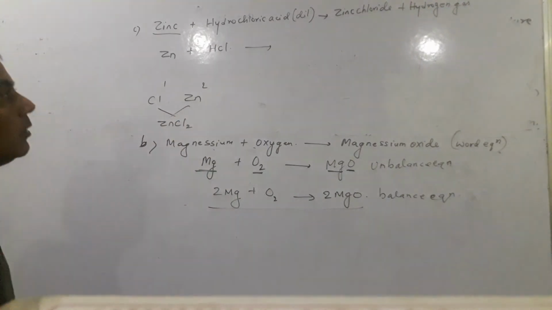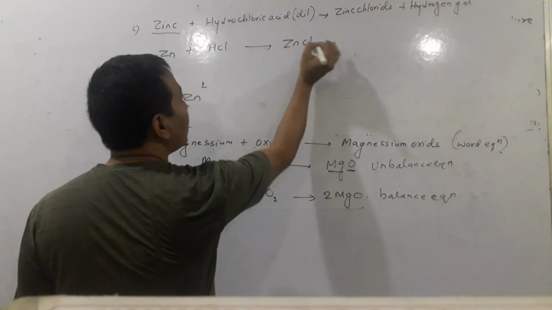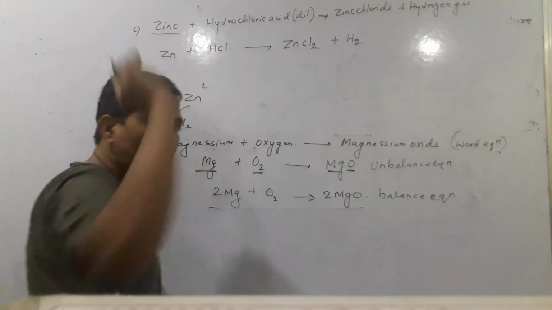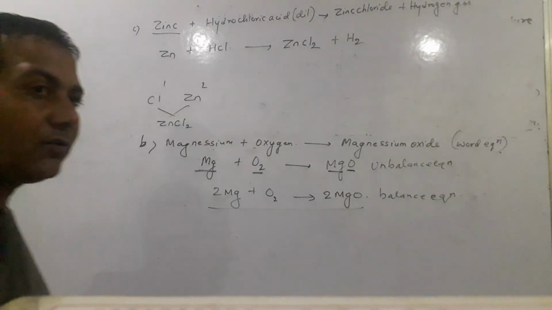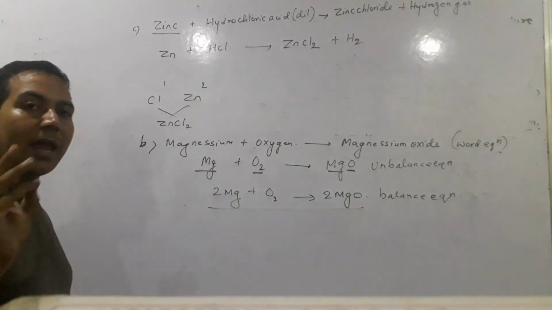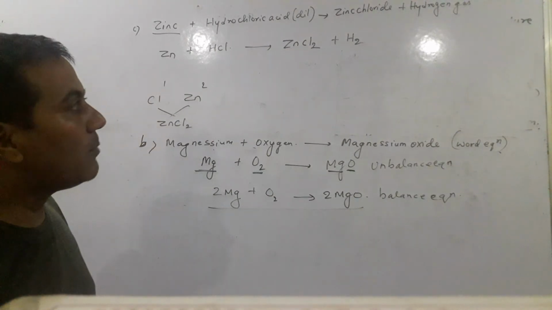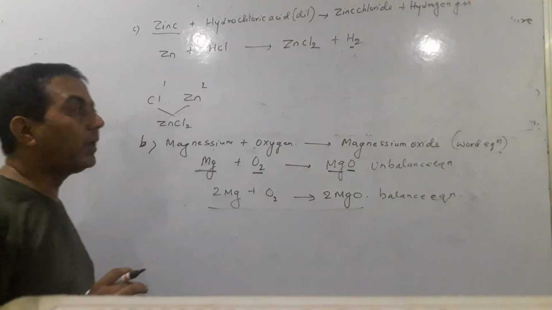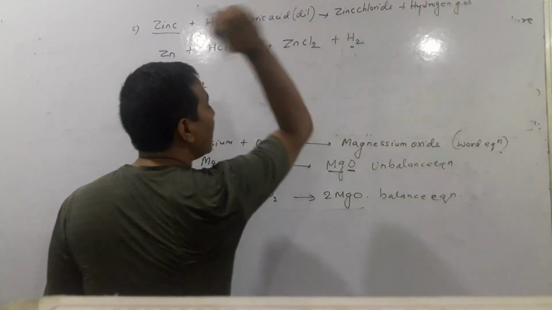ZnCl2. So ZnCl2 plus H2. Why H2? I already said that hydrogen, oxygen, nitrogen atoms cannot independently exist, therefore they are diatomic, so we cannot write only H, we have to write diatomic.